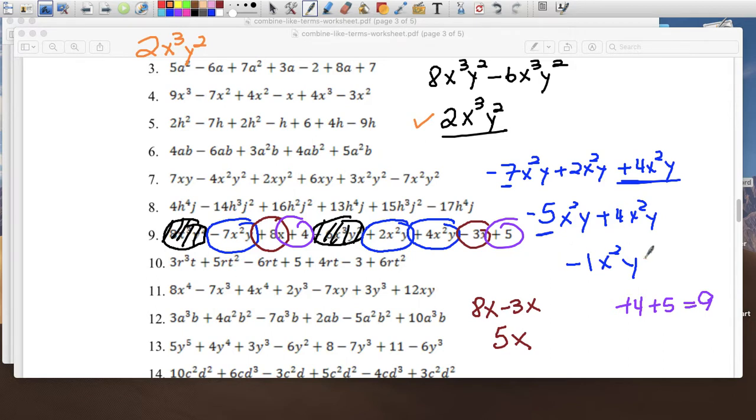The second one is this one, and I'm going to write minus 1x squared y. And then this guy, 5x, what kind of 5x is that? It's a positive, right? So I'm going to write plus 5x. And this 9, what kind of 9 is that? It's a positive, so I'm going to write plus 9. So I combine all of them, and that's my final answer.